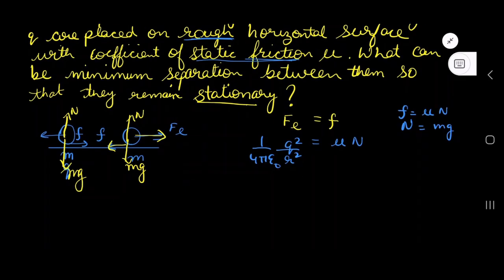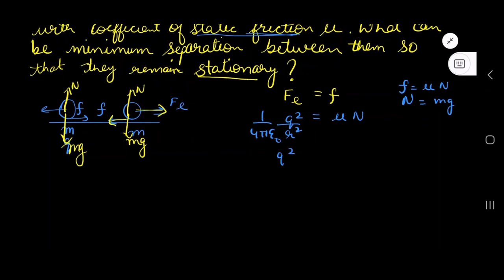Now we'll be substituting it here. Q square upon 4 pi epsilon naught r square is equal to mu mg, right?